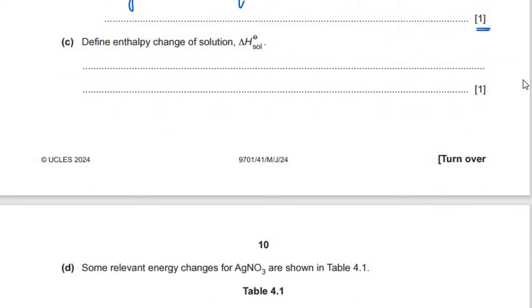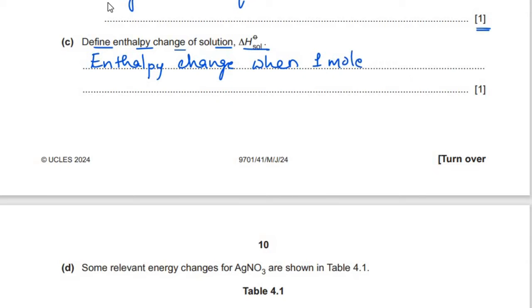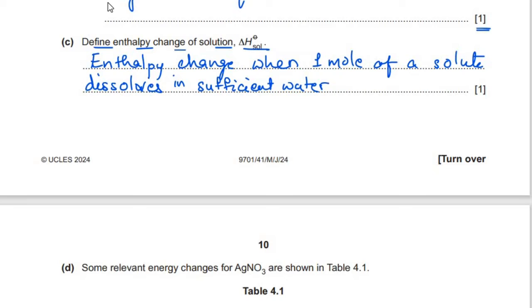Okay, let's go ahead with the next part. It says define enthalpy change of the solution, delta H solution. Now we should define that as an enthalpy change, or the heat change, when 1 mole of a solute dissolves in sufficient water to make a dilute solution.